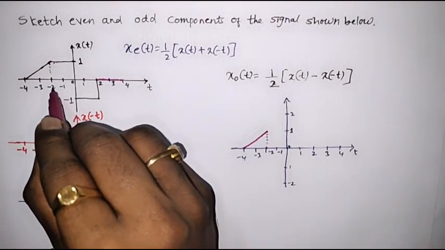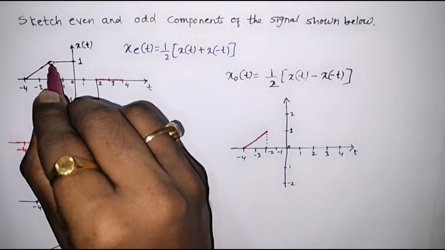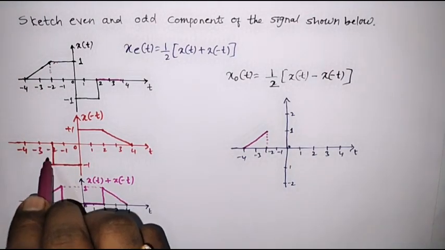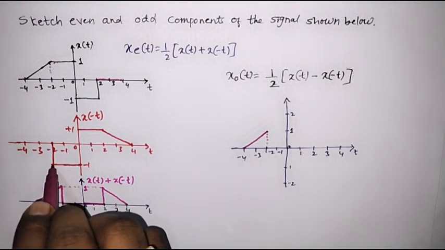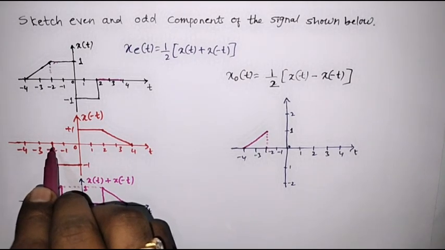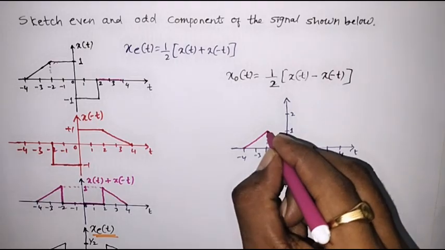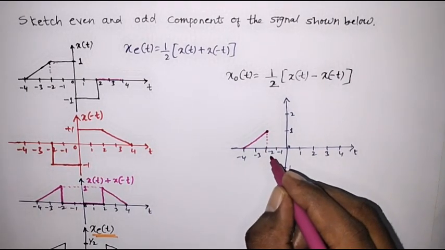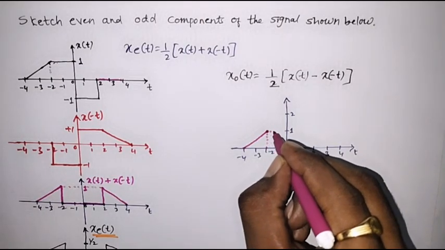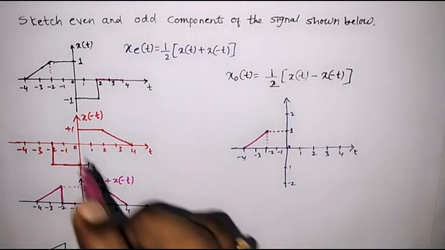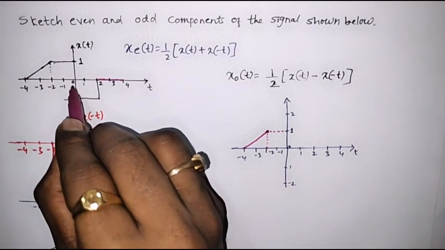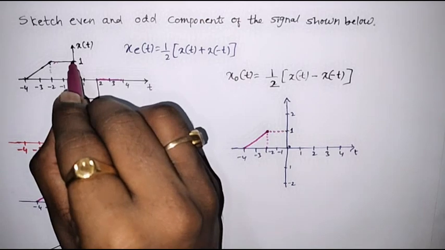Now at t equal to -2 its magnitude is 1, and here at t equal to -2 its magnitude has become 0. So when we subtract 0 from 1 we'll get the amplitude as 1. So at t equal to -2 the amplitude of the signal is 1. Now from -2 to 0 the amplitude of this signal is 1.